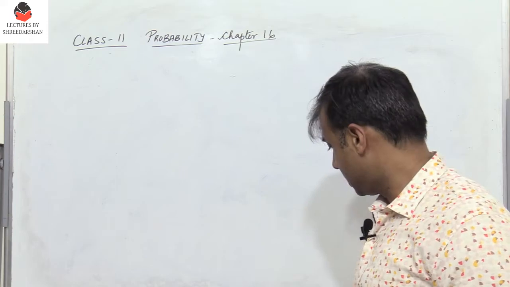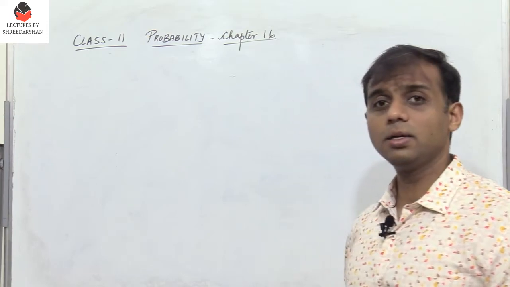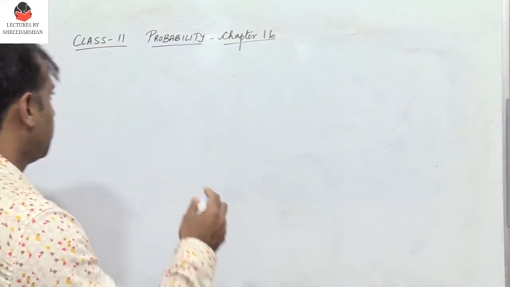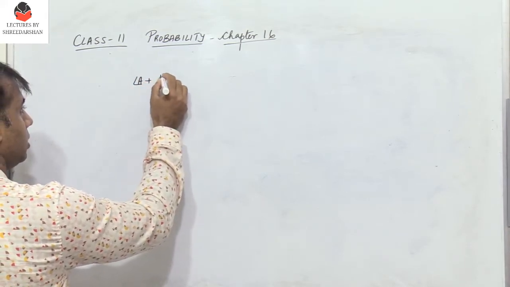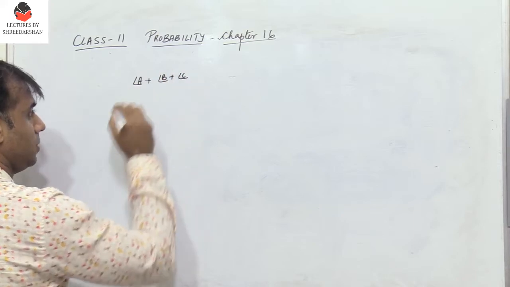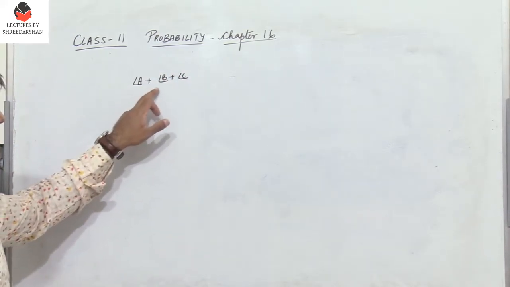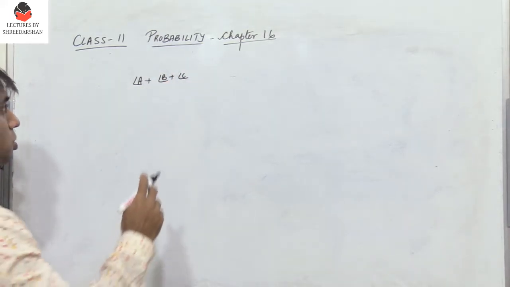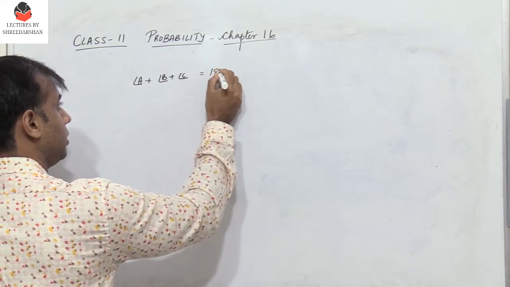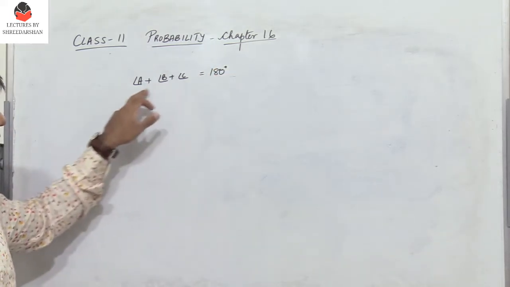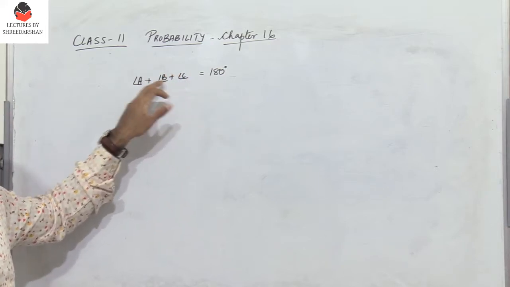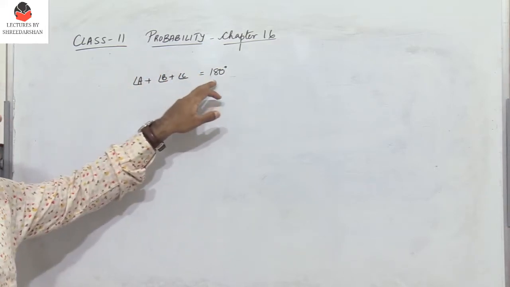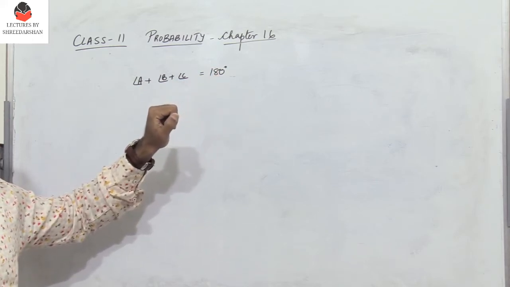But if I have an experiment where I have to find the angles of a triangle, say triangle ABC, so I need to find angle A, angle B and angle C. We know that the sum of the angles of all these three is equal to 180 degrees. So the outcome of this experiment is fixed, because if I add them, I know the sum will always be equal to 180 degrees.